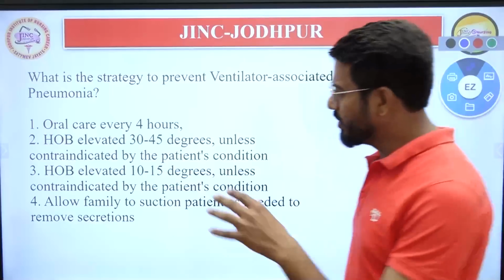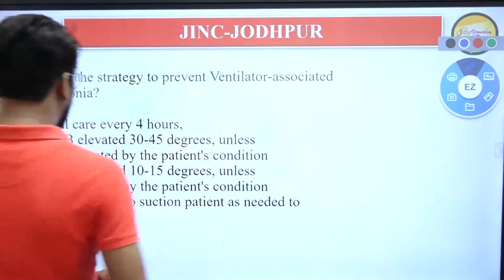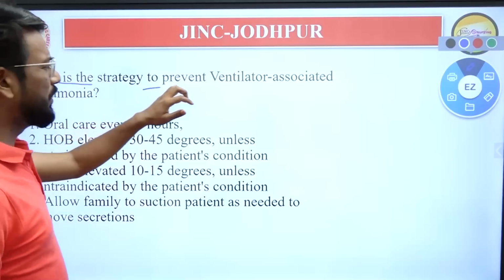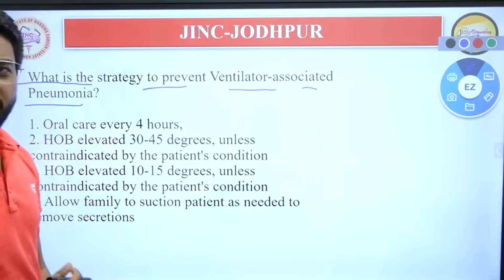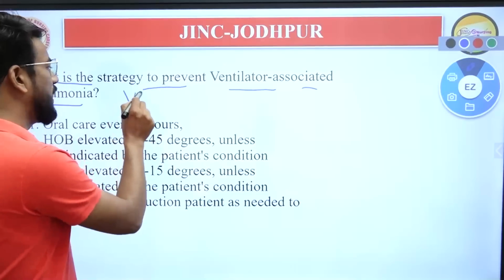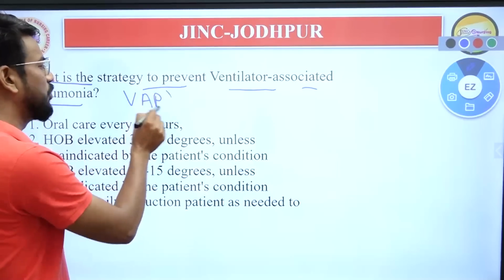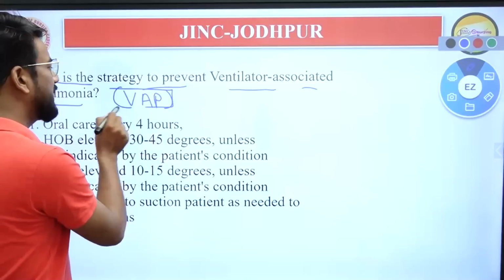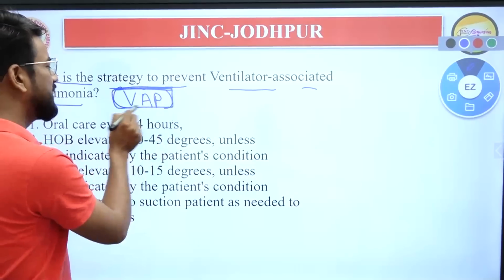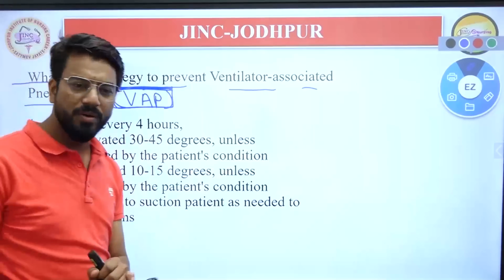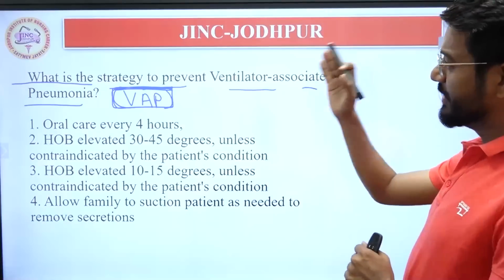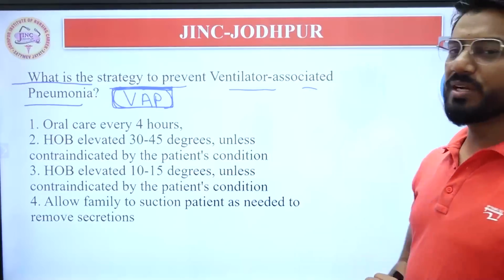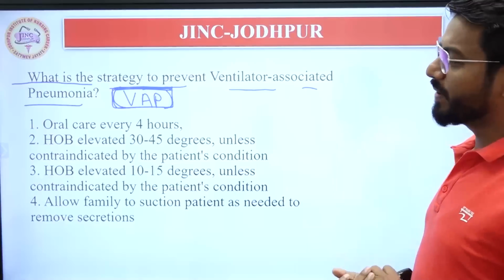So what the question is asking you in the next question, in this question, what is the strategy to prevent ventilator associated pneumonia? Ventilator associated pneumonia is the VAP, जिसकी हम बात कर रहे हैं. In VAP, the question is asking you, what is the strategy to prevent the VAP?